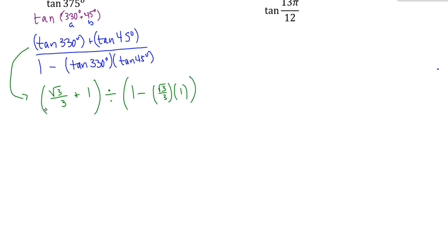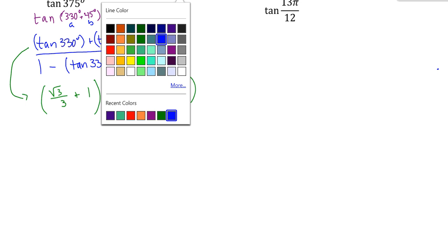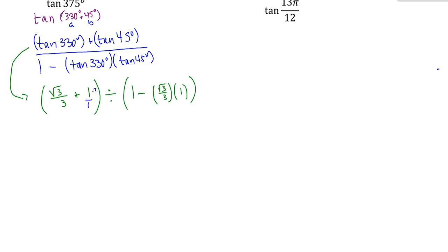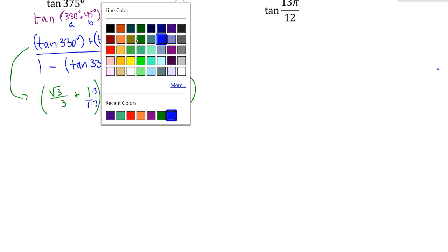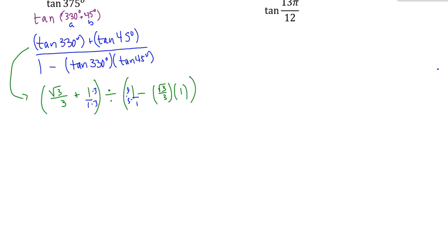Anytime you introduce a fraction, we're going to have to split it apart to make it a little bit easier. I need common denominator, so I'm going to multiply by 3 and 3. Right here, same thing. So this side is square root of 3 plus 3 over 3 divided by 3 minus square root of 3 over 3.